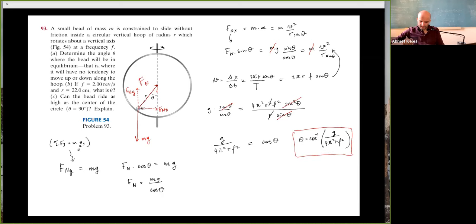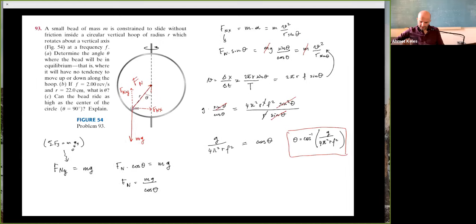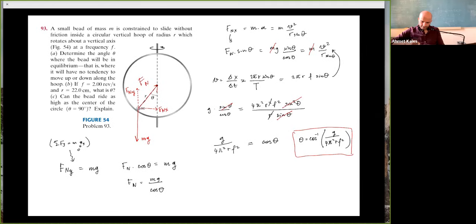Maybe let me calculate for the givens. Let me calculate this guy.